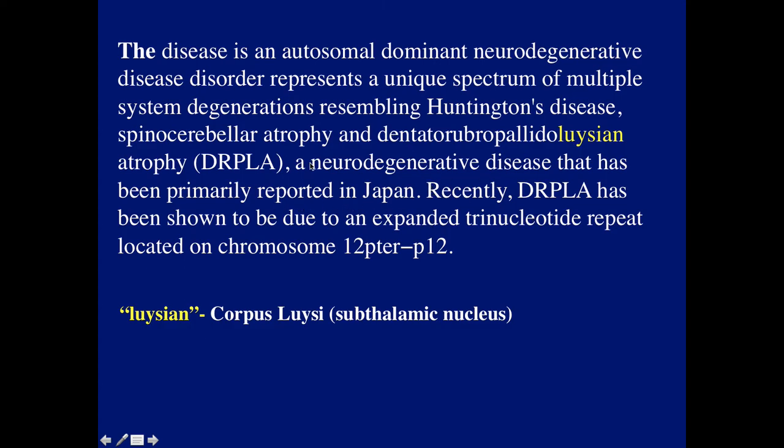It was mainly initially seen in Japan, but now some cases have already been reported of this genetic disorder in this country. The lesion has to do with the corpus luysii, which is another name for the subthalamic nucleus.